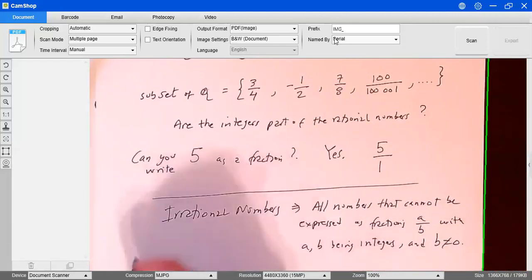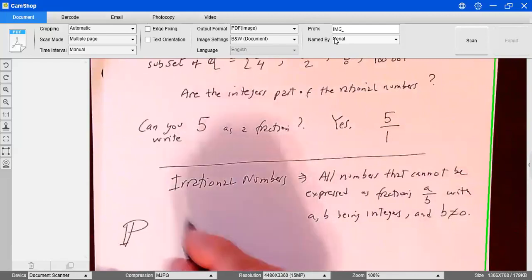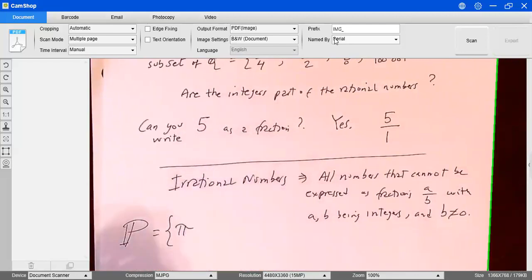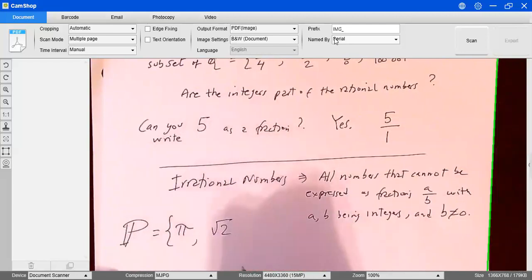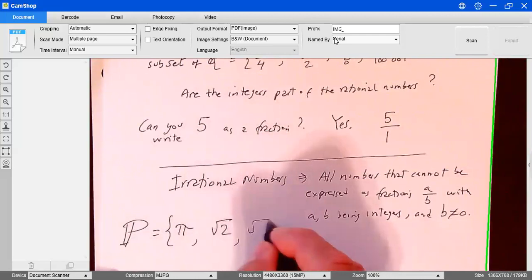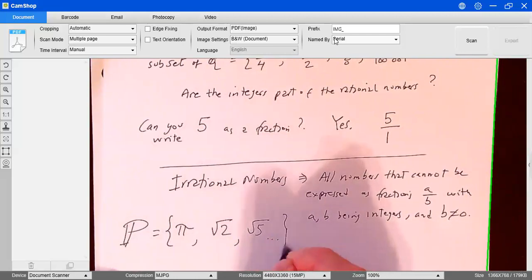So what is that set? We're going to use a P to indicate that set, and that set has, for example, pi, some square roots, like square root of 2, square root of 5, many square roots, and many other numbers.